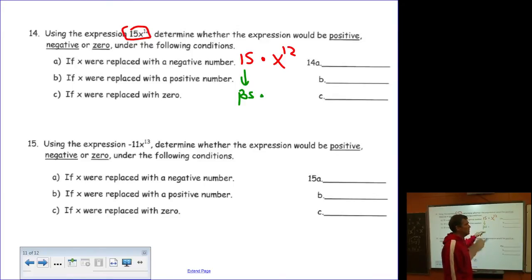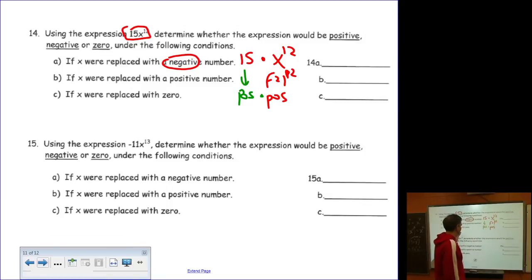So I'm going to have a positive times something. Let's start with a negative. When I put a negative in for x, like negative 2 to the 12th, we have learned that a negative number to an even exponent is positive.